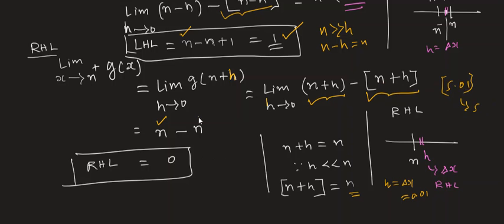So again I get n. Now n minus n is equal to 0. When you observe this, LHL is equal to 1, RHL is equal to 0. They don't coincide with each other, and that is why for all integral points it is not continuous. This function is not continuous. We have to declare very clearly like this. Do you understand?